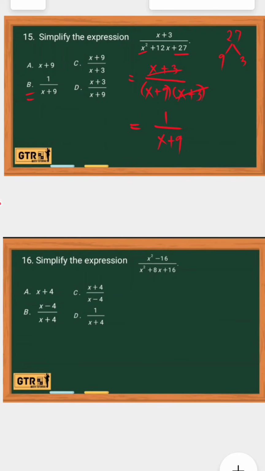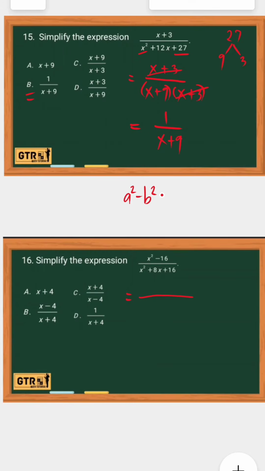Next number 16. So number 16, simplify the expression x squared minus 16 over x squared plus 8x plus 16. So again, we can factor the numerator and denominator. So the numerator is in the form of difference of 2 squares. So a squared minus b squared.